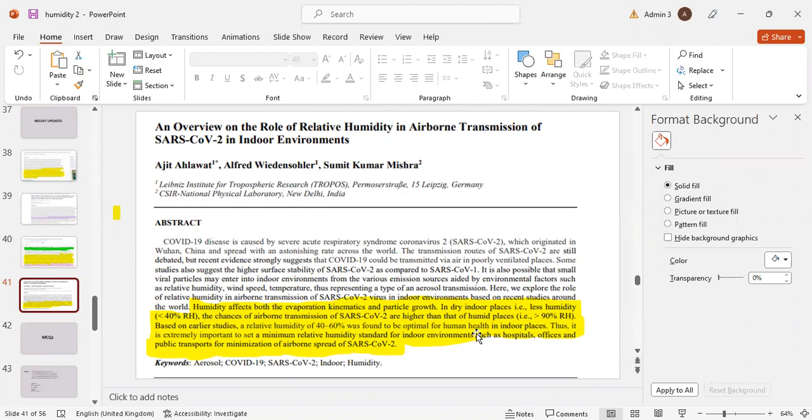Based on earlier studies, relative humidity of 40 to 60% was found to be optimal for human health in indoor places. Thus, it is extremely important to set a minimum relative humidity standard for indoor environments such as hospitals, offices, and public transport for minimization of airborne spread of SARS-CoV-2.